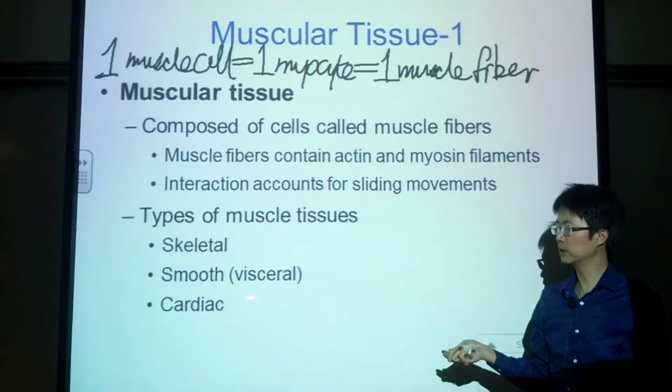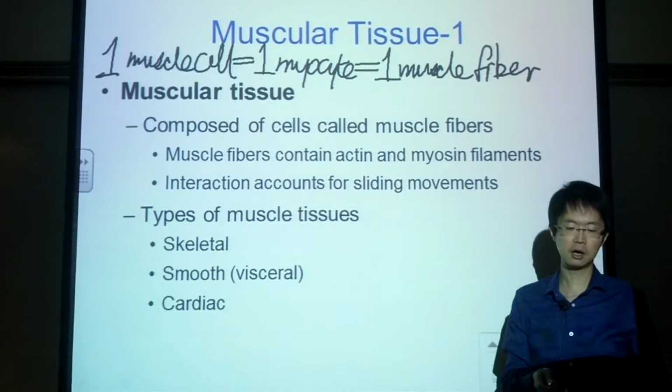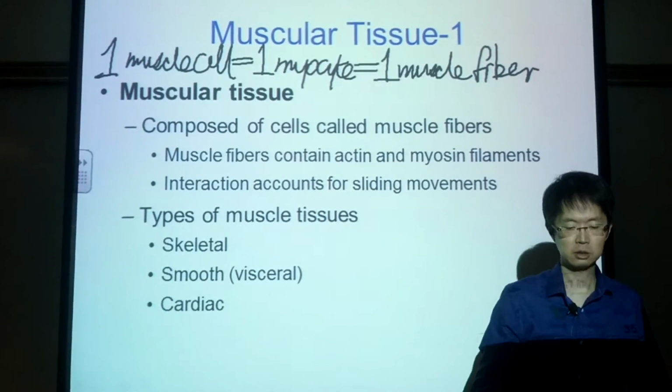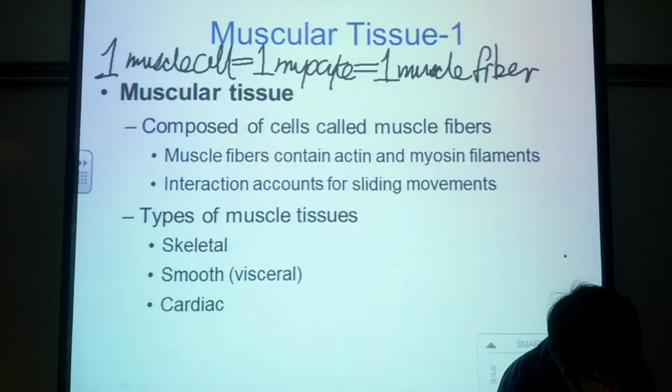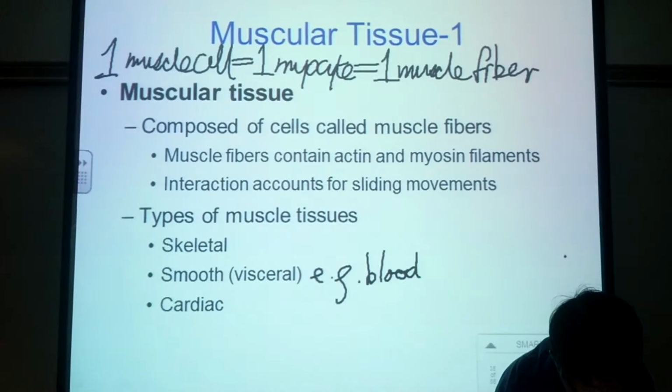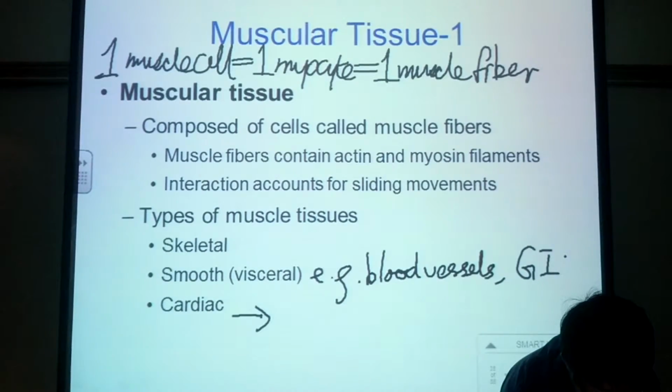Smooth muscle, you can find in the visceral organs, meaning that you can find smooth muscle in your blood vessels and your internal organs or GI tract. Cardiac muscle, you can find only in the heart. Heart only.